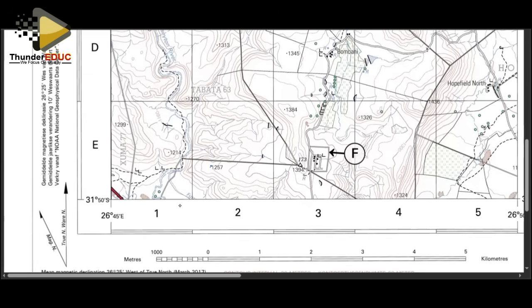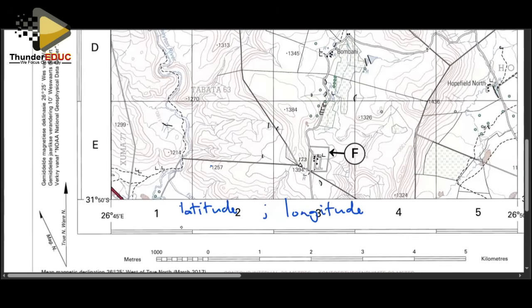Always remember when you are giving the coordinates, it's latitude slash longitude. You start with your latitude value and then you go to your longitude.